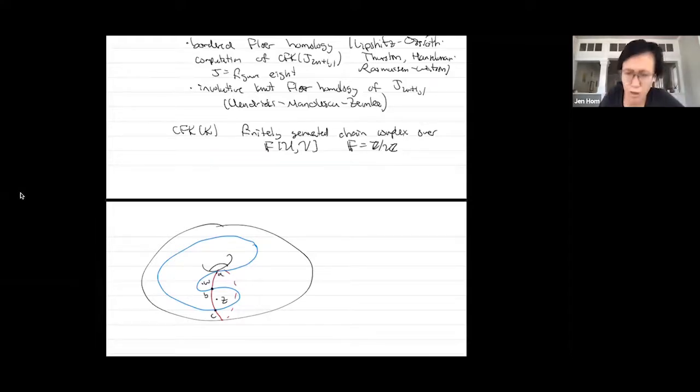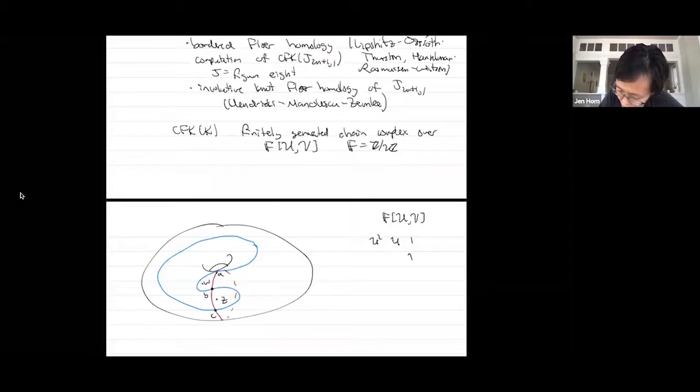And so if you're thinking of these things pictorially, I like to think of the ring F adjoin U, V sitting in the plane, where the horizontal distance measures the U powers, and the vertical distance, the height, measures the V powers.